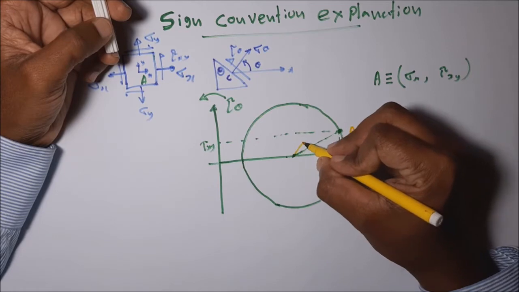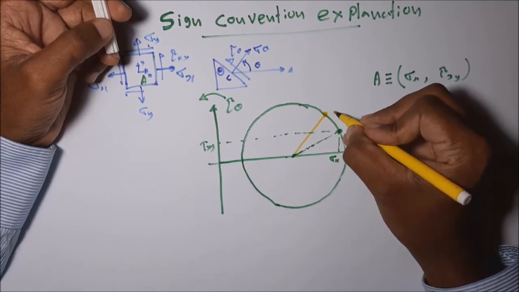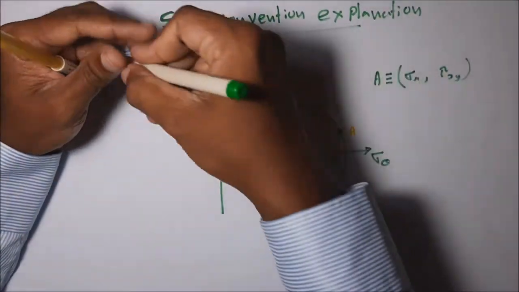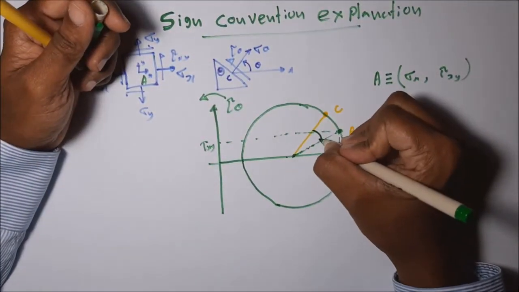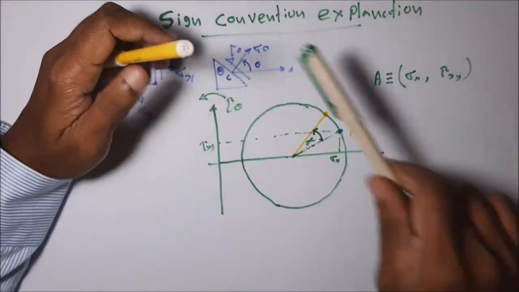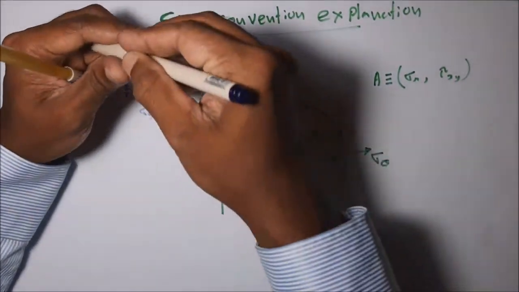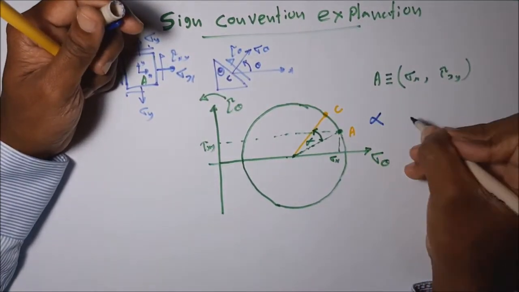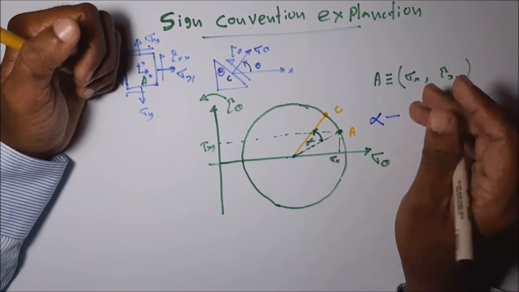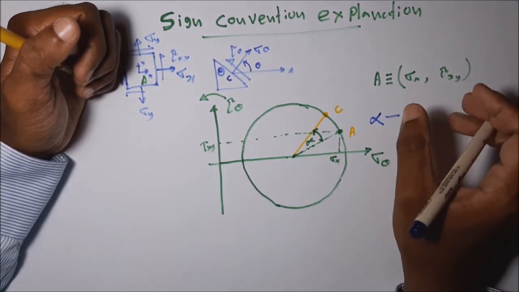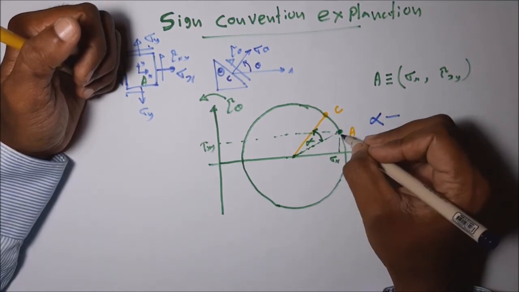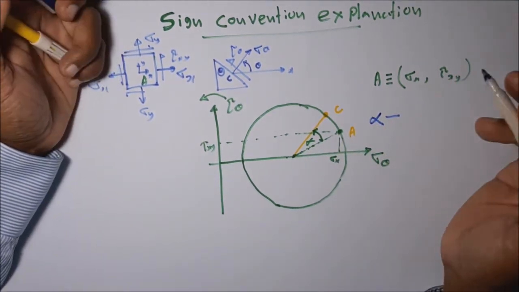That means the C is in this kind of position. This angle is alpha, an unknown value. We are going to obtain the expression for alpha from the known values. If we know alpha, we can exactly locate the C point with reference to the A point. That is the thing we are going to do.